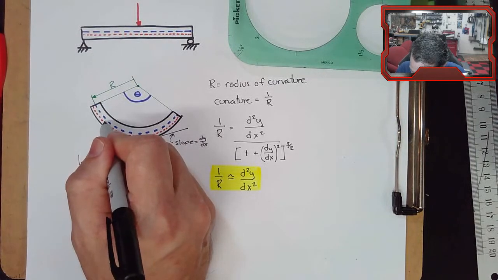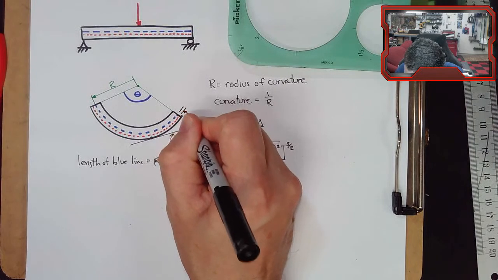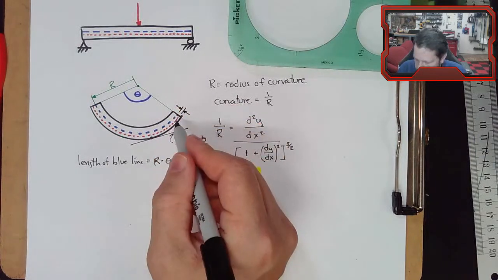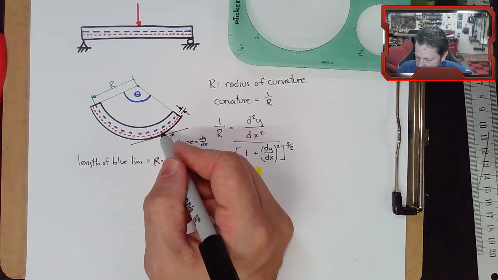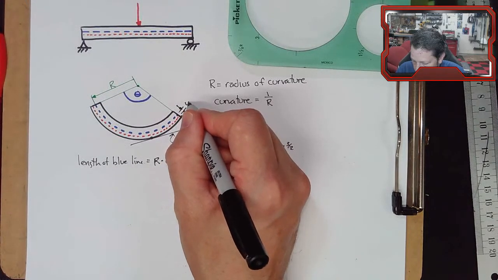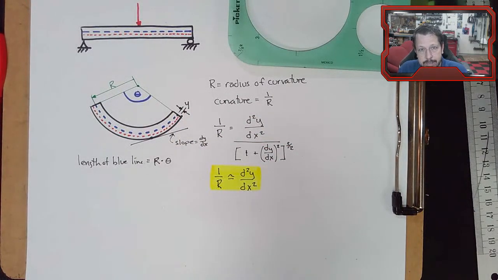Anyway, there's some tiny little distance between the neutral axis and my red line, this other axis. I've been using the variable y, as in My over I, where y was the distance from the neutral axis to the point I was interested in. So I can use a y here to keep consistent with that notation.